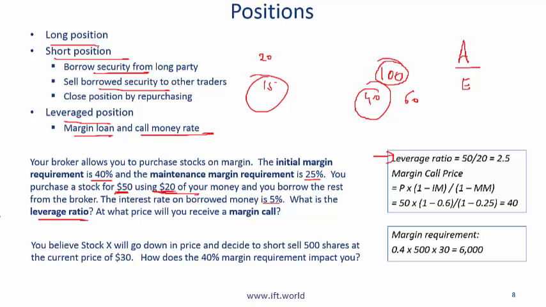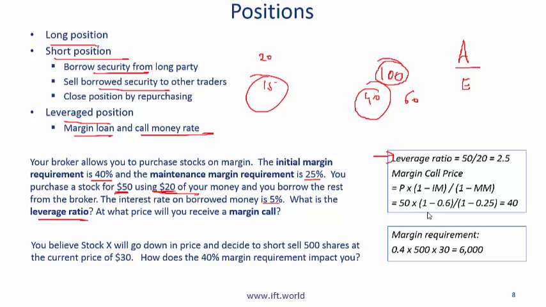So the next question is, at what price will you receive a margin call? And that is also shown over here. This is the formula that you need to remember. The margin call price is the original price at which you bought the stock, which is 50, into 1 minus the initial margin. Initial margin is 0.4.